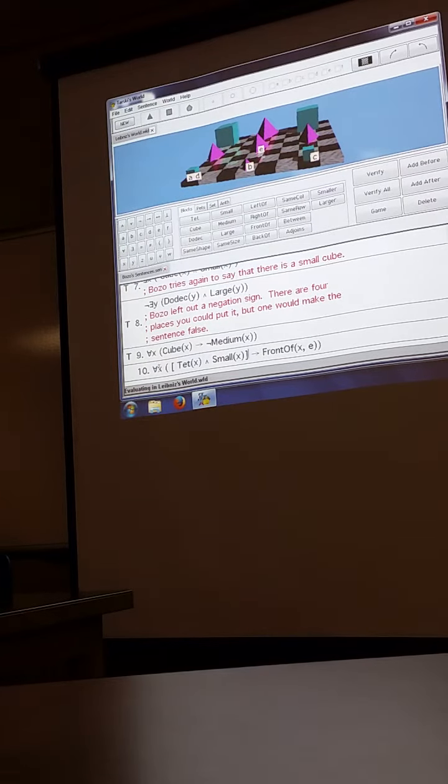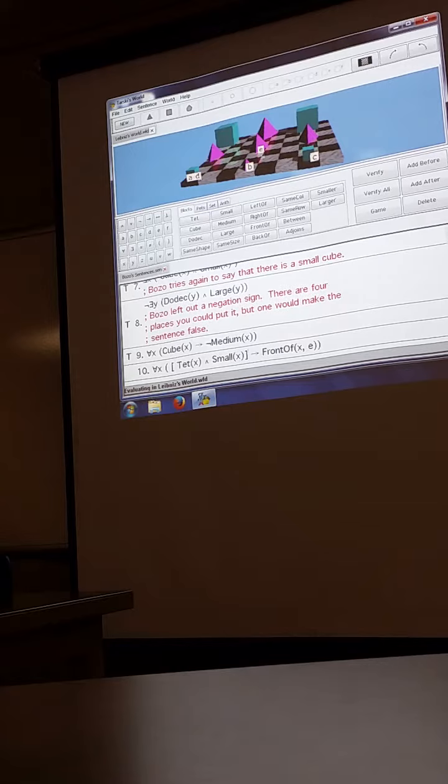Now this says for each thing, and Brian, you're up. If that thing is a small tet, then that object is in front of E. So put it together.